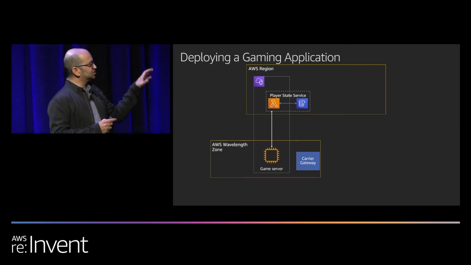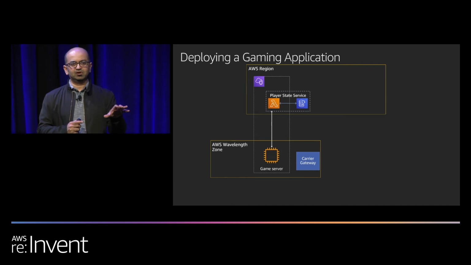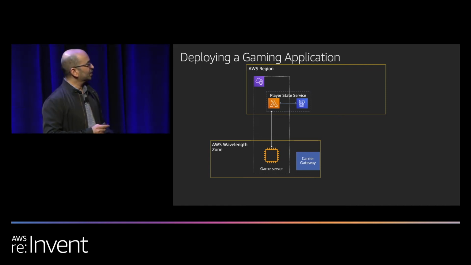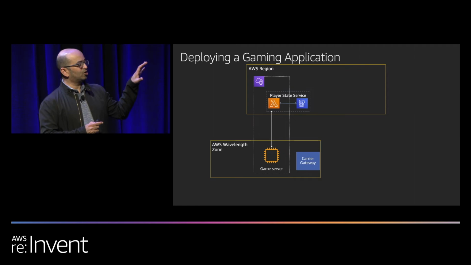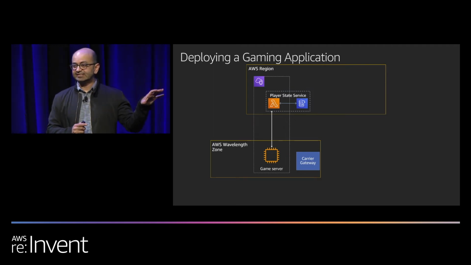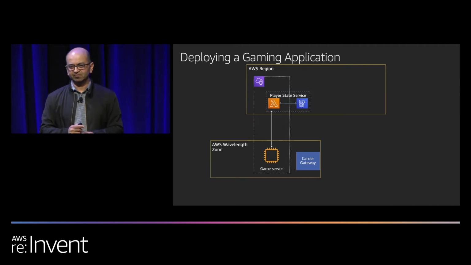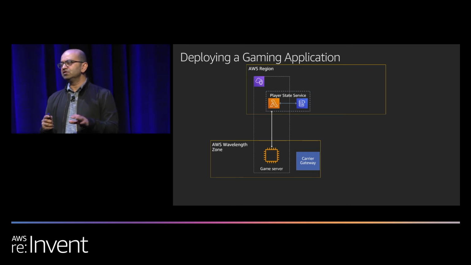You'd launch instances in the wavelength zones for running the components of the application that are latency sensitive, like the game server. And you would deploy components of the application that are non-latency sensitive in the region in the same VPC. And using the VPC in the region is the same as today.